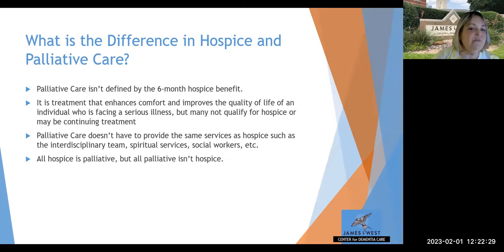It doesn't have to provide the same services as hospice, such as that IDT, that interdisciplinary team. So they may not have the spiritual services or the social workers available, but they have that nursing team available. And if you think about it, all hospice is palliative because it's all comfort care, but all palliative is not hospice because a person can still be receiving treatments.